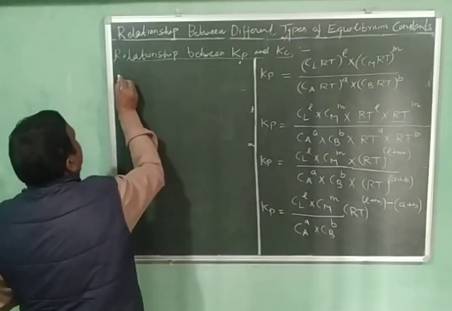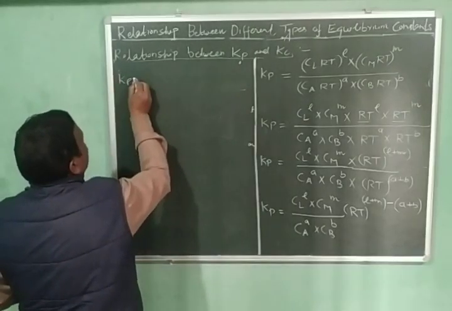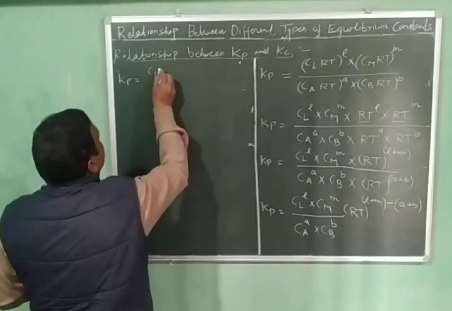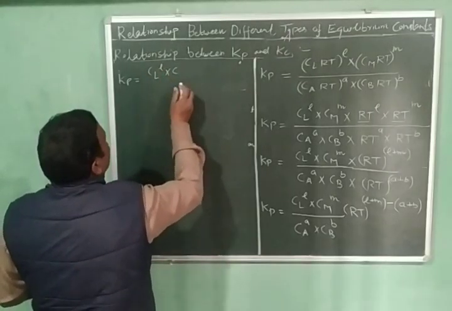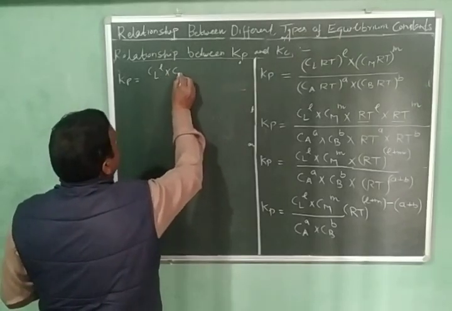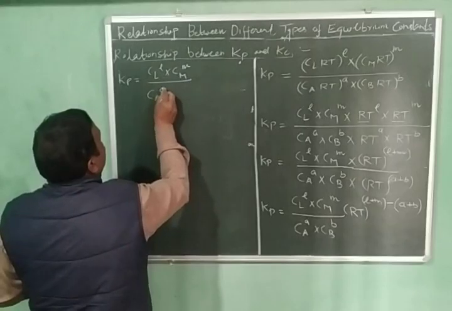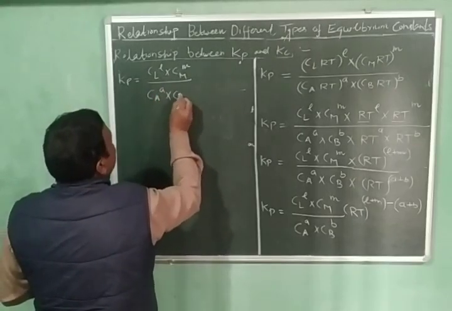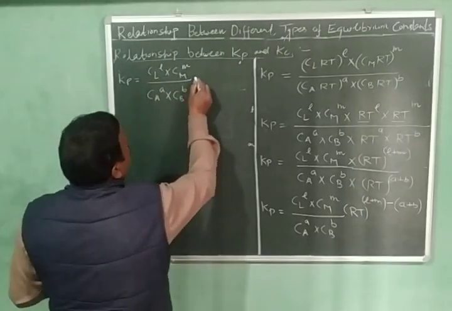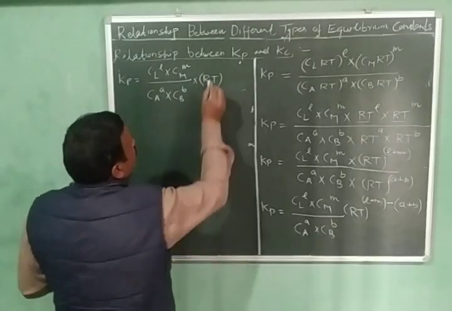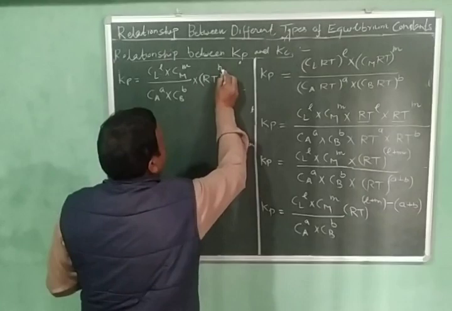That is Kp is equal to Cl raised to power L into Cm raised to power m divided by Ca raised to power A into Cb raised to power B into RT raised to power Np.